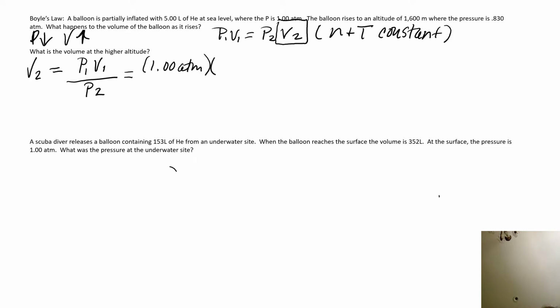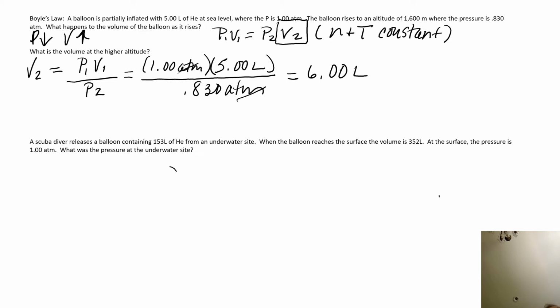Our initial volume is 5.00 liters, and our final pressure is 0.830 atmospheres. So our atmospheres will cancel. We're left with a volume unit of liters, and the volume at 0.830 atmospheres is 6.0 liters. So our volume did increase as predicted.